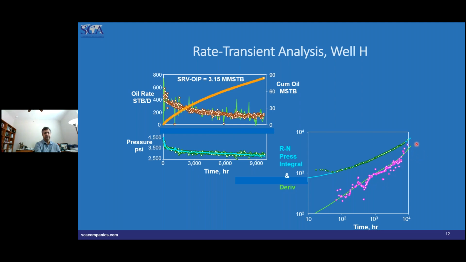Here toward the end, we are probably seeing some footprints of the unit slope response, but most of the time it is not. It is showing a different type of response, and we'll see whether we can come to that. But here, the model that we picked, we're able to history match all three responses: the rate, cumulative production, as well as pressure. So that gives us a lot of confidence in what we are doing.